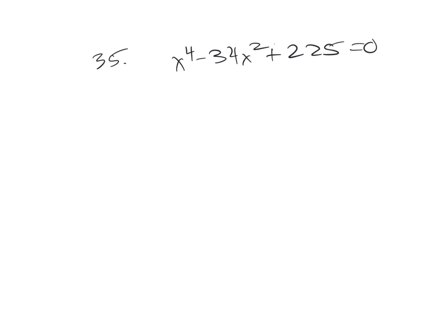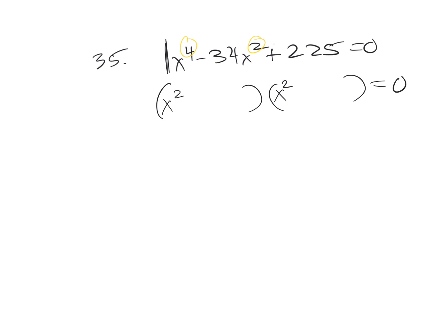Okay, so as long as the middle term exponent is half of the leading exponent, then you treat it like a normal trinomial, okay? So we're going to split it into 2 binomials. And the exponents that you put there are the middle exponent squared. All right? As long as this is a 1, you just need factors of 225 that add up to negative 34.